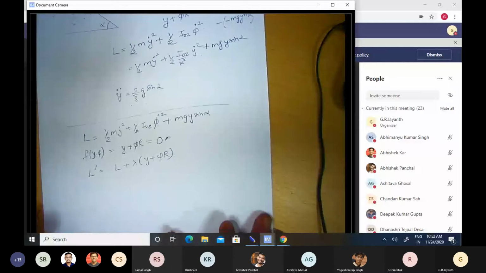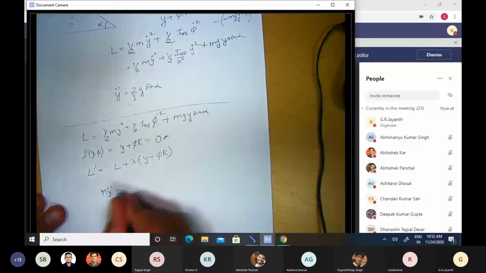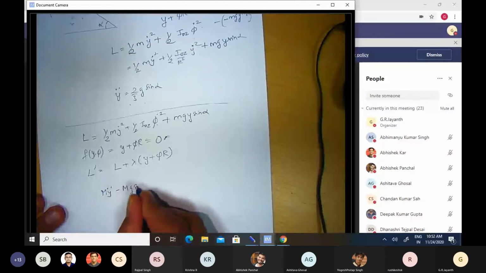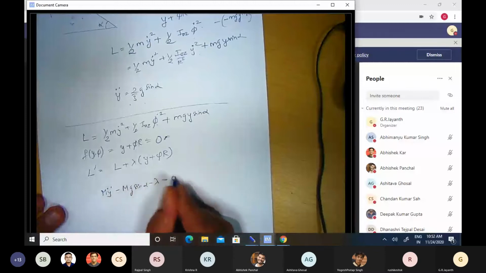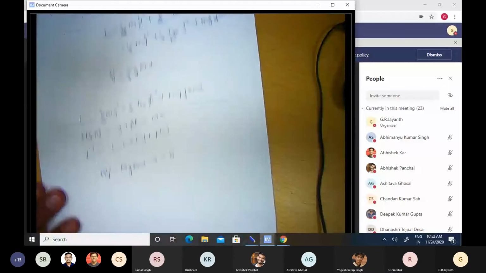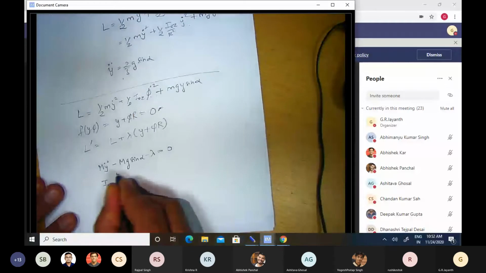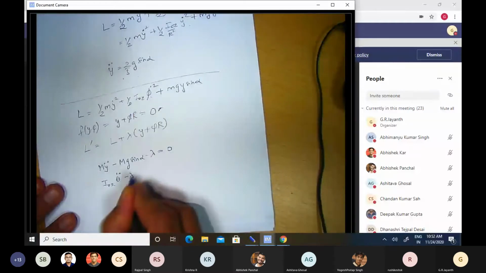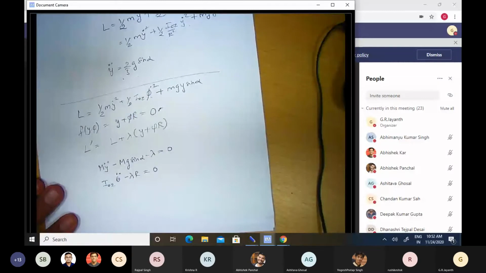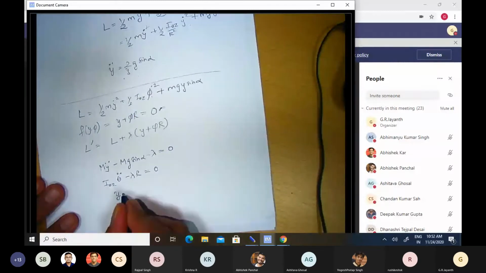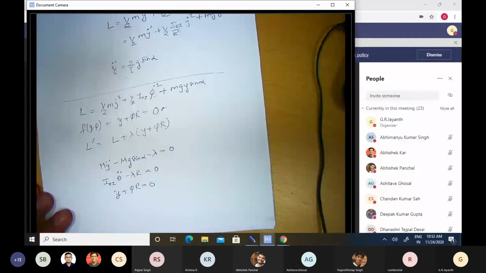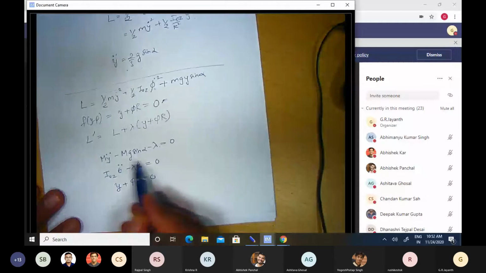I shall write that down: m y double dot minus mg sine alpha minus lambda equal to 0, and then I0z phi double dot minus lambda r equal to 0, subject to the constraint that y plus phi r equal to 0. If you plug this expression in and eliminate lambda from your equations, you can obtain the equation of motion as before.